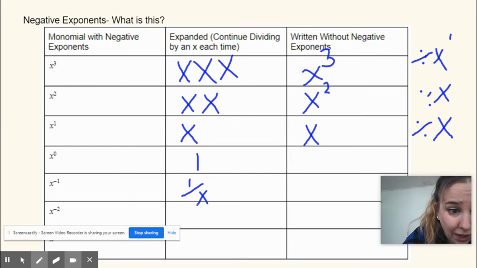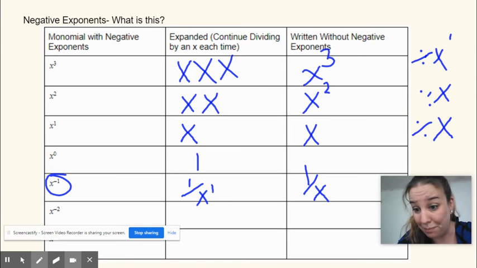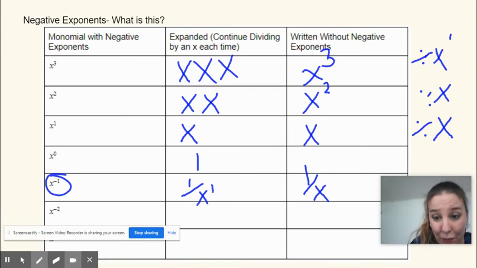So if you have a negative exponent, essentially you're just moving its location to be able to make it positive. Again, if we go one step further, divide by another x, we have 1 over x, which is what we had in the previous step, divided by x, bringing us to 1 over x to the second power.